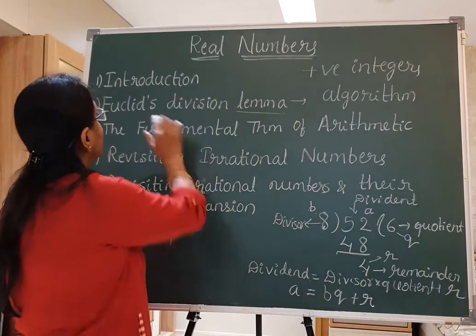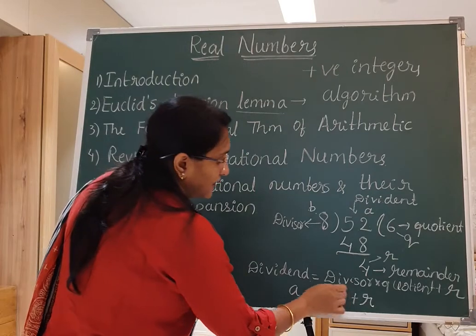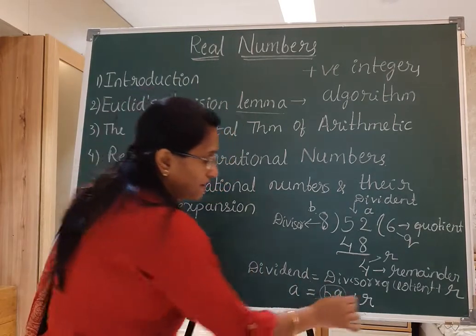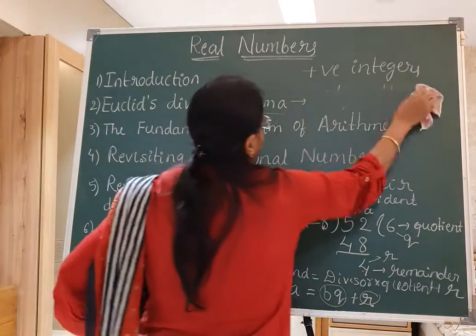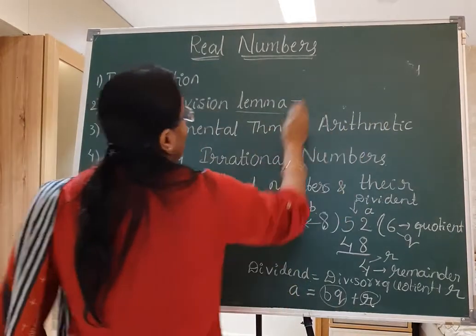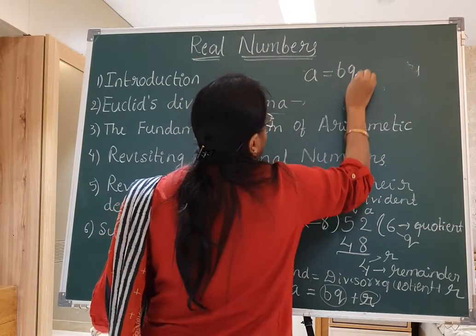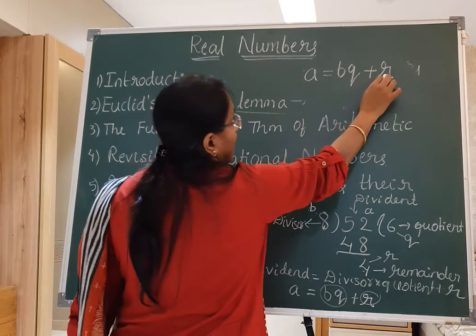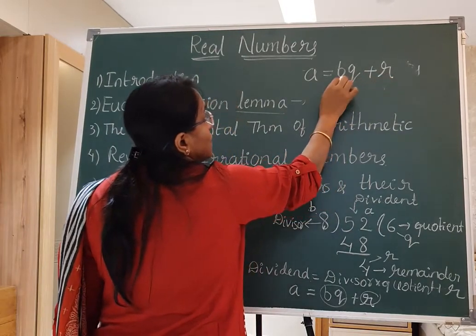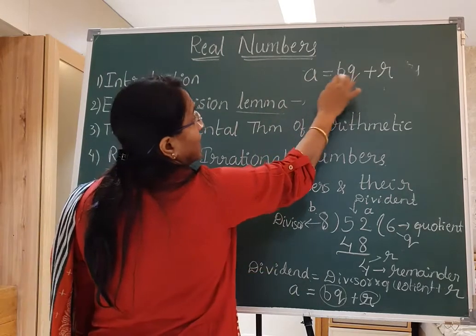This is nothing but Euclid's division lemma. Here, if the remainder is 0, then these two will be factors of A.